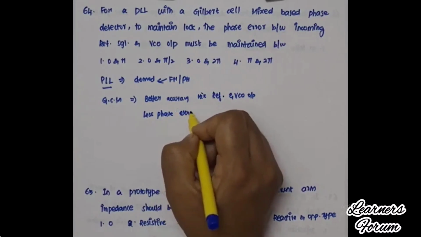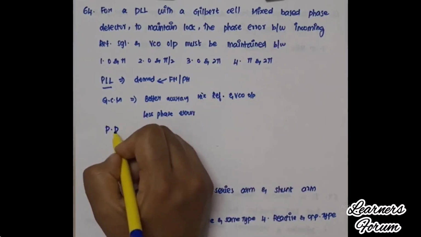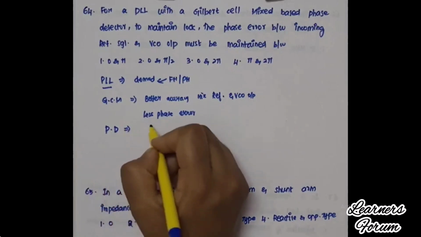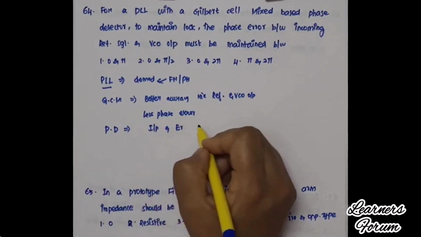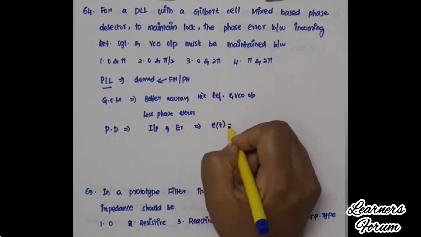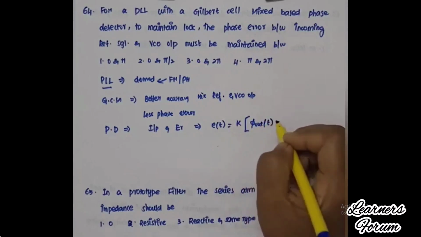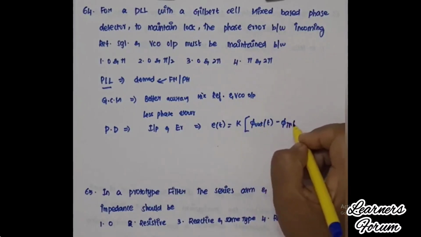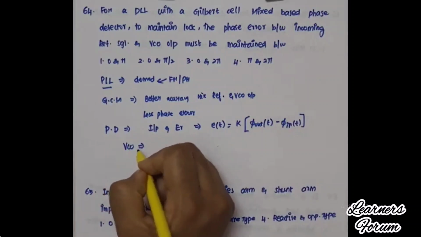So less phase error will be obtained by making use of this particular multiplier. Next is the phase detector, which helps in managing input and error signal by comparing and giving out the error signal, which is e of t, equal to k into phi out minus phi in. So the difference between the input and output phases will be detected by the phase detector.